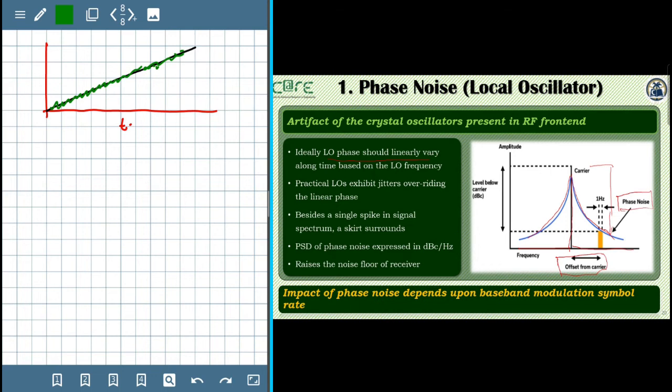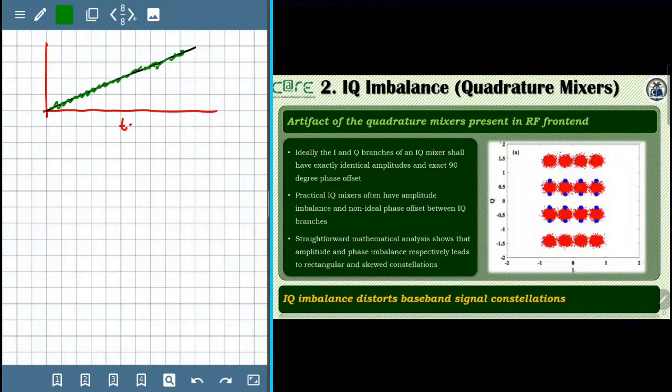The second RF impairment that we are going to look at is IQ imbalance. It is something specific to the quadrature mixers that we have seen in the previous block diagrams of various architectures. Whenever the I and Q branches are being mixed together by means of quadrature carriers at the transmit side or are being generated at the receive side, we use quadrature mixers.